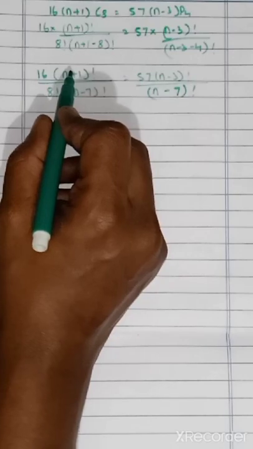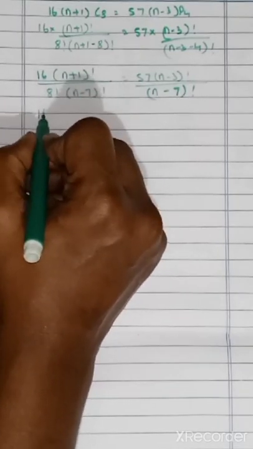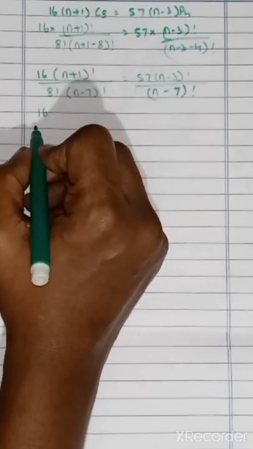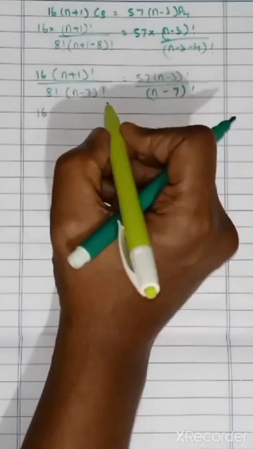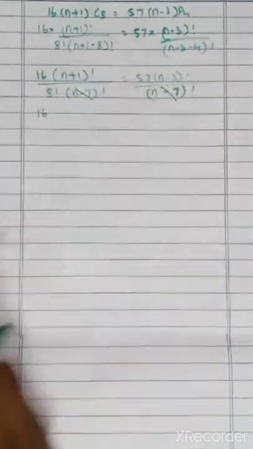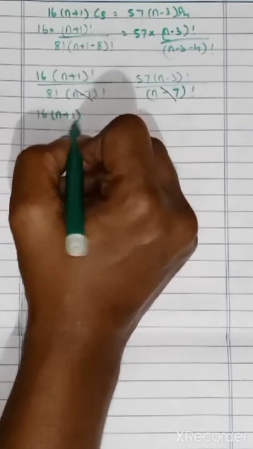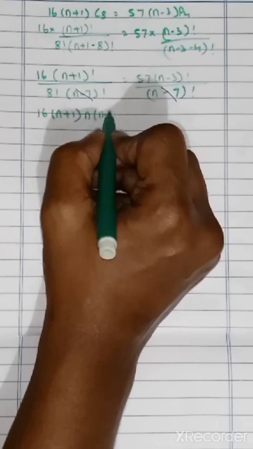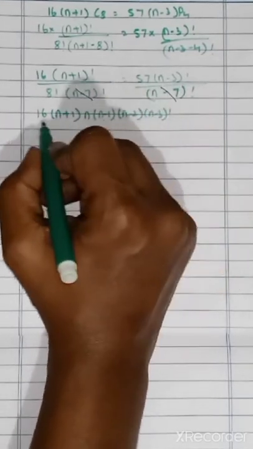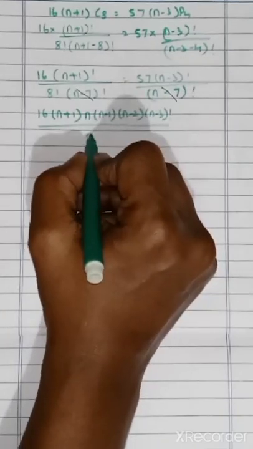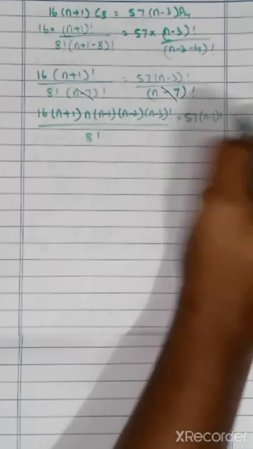So this n minus 7 factorial will get cancelled. So this n plus 1 factorial can be taken as n plus 1 into n into n minus 1, n minus 2, n minus 3 factorial by 8 factorial equal to 57 into n minus 3 factorial.